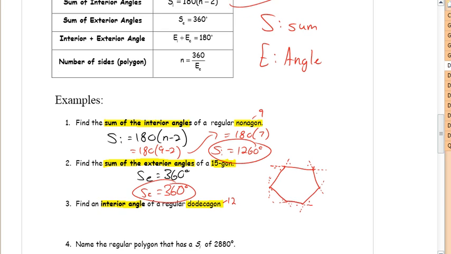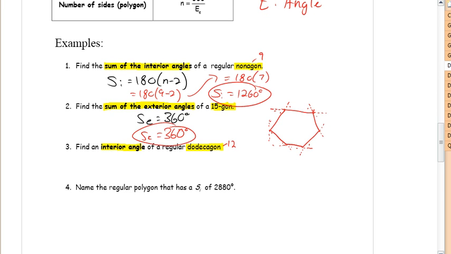So I'm going to use the sum of the interior, which is 180 times n minus 2. I'm going to plug in my 12 here. So I'm going to get 180 times 10, or 1800 degrees for the sum of the interior.